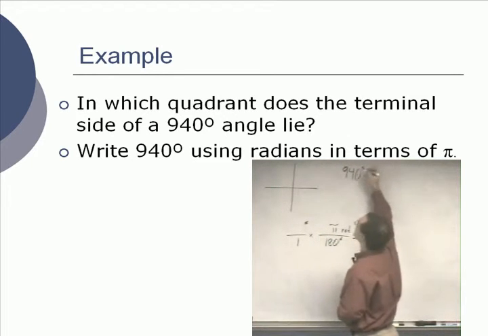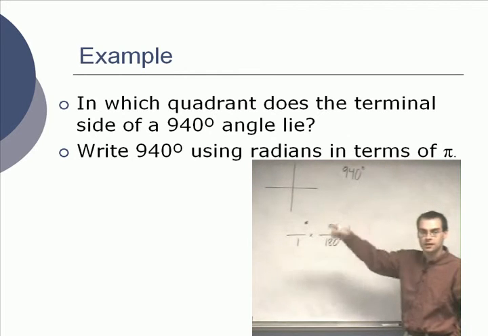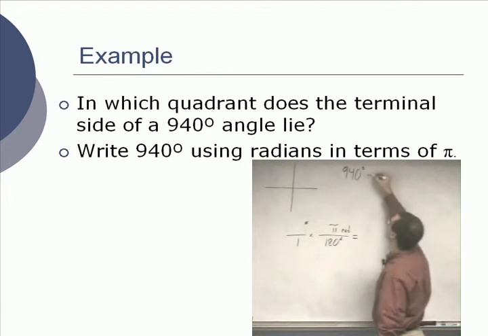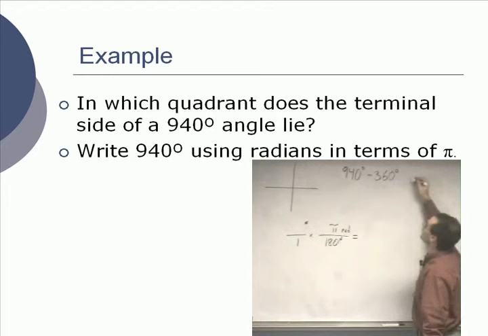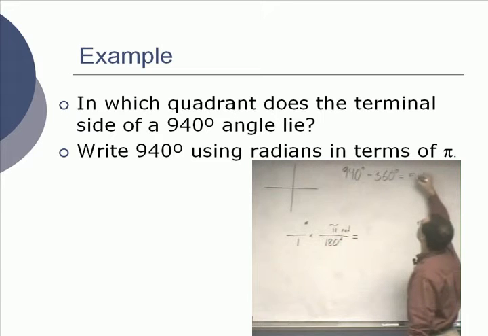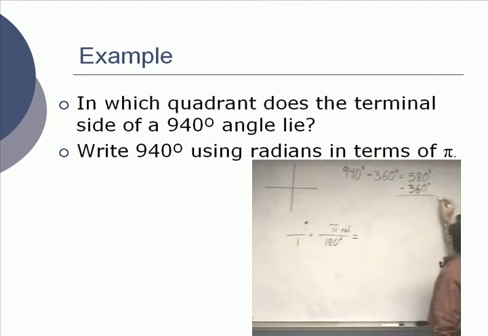Yeah, 940 is too big to immediately know the answer to, but if we subtract 360 degrees, that's like taking off a full revolution. So if we subtract off 360 from that, we end up with 580. Still too big. Minus 360 degrees again to get it down to 220 degrees. Now that we can answer. 220 degrees is going to be in third quadrant.